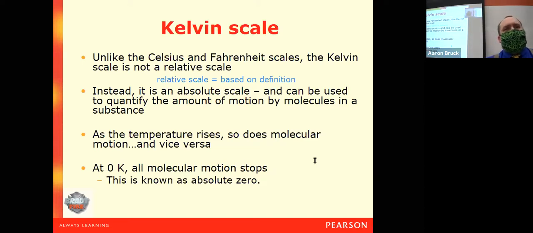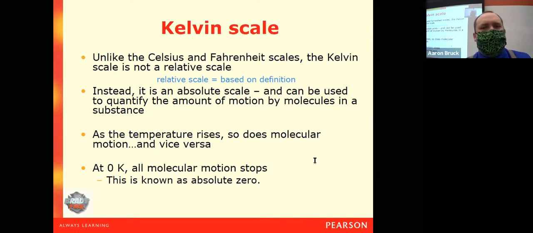I can't tie temperature differences to energy differences on a relative scale. But on an absolute scale, I can. Because the absolute scale only has one definition. And that definition is that if we are at the 0 point of that scale, there is no energy. So the Kelvin scale is our favored scale for that reason.